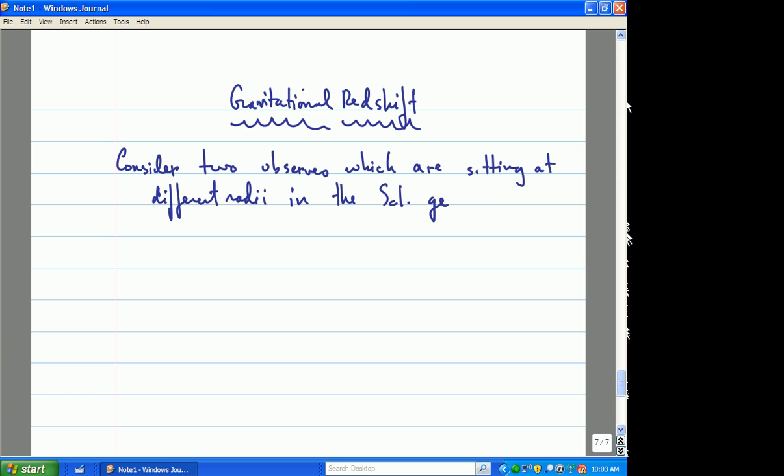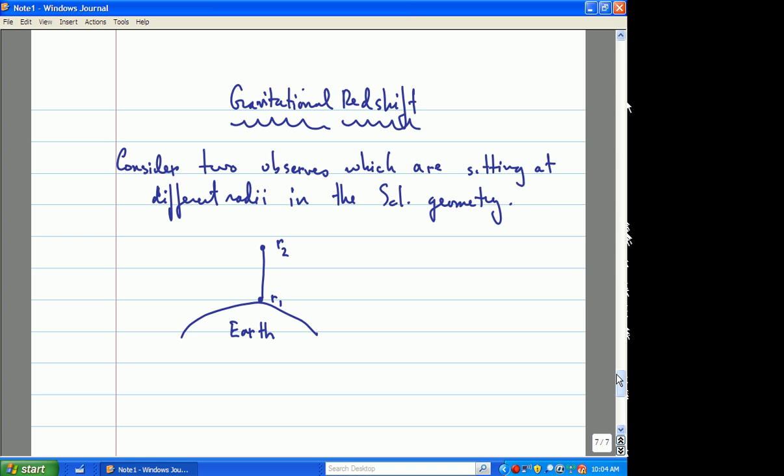If you like, it would be a good idea to imagine these two different observers to be sitting, say, in the basement and the top floor of a physics department on the Earth. So this would be the Earth, whose metric is described to a great degree of accuracy by the Schwarzschild geometry. And I have drawn, not to scale, the height of a physics department here, whose basement is R1 and whose top floor is R2.